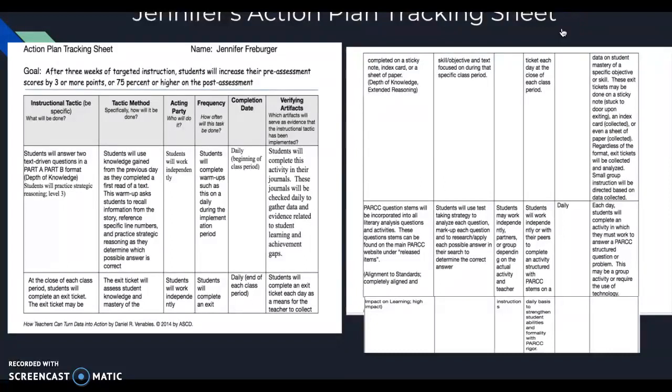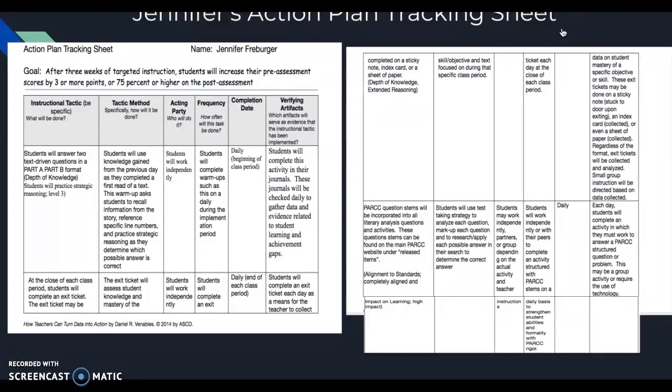And then her method will be students will use knowledge gained from the previous day as they complete the first read of a text. And this warm-up asks students to recall information from the story, reference specific line numbers, and practice strategic reasoning as they determine the possible answer is correct.